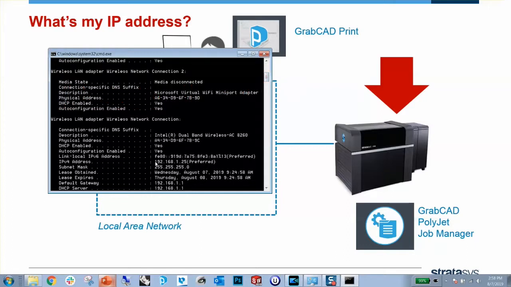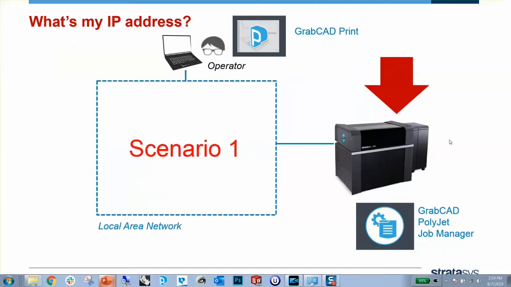So if this was on my J Series printer, this would be my IP address, and this is what you would enter in Find My Printer by IP address. Again, do this step on your embedded computer inside your J750 for scenario 1, and you should be able to find your IP address.